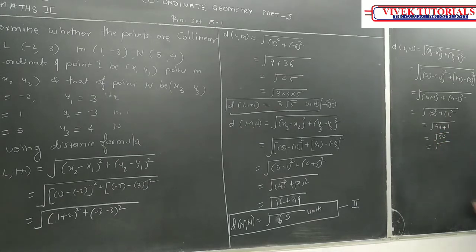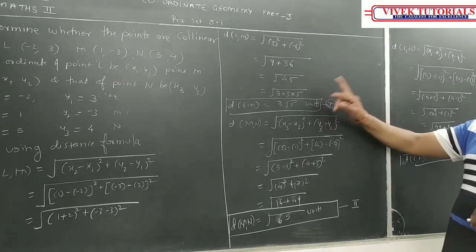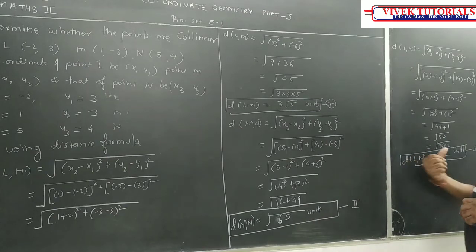That is equal to 25 into 2, that is 5 root 2, the distance LN, units. I will take it as equation 3. This is equation 1, this is equation 2, this is equation 3.